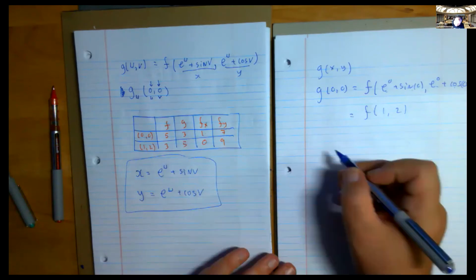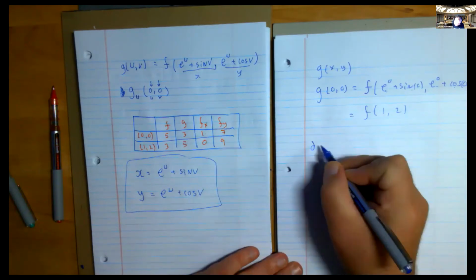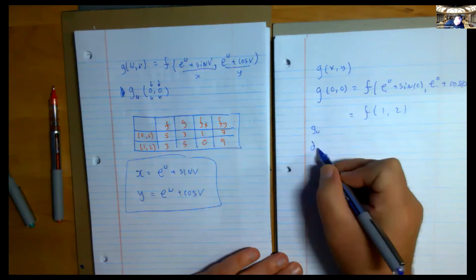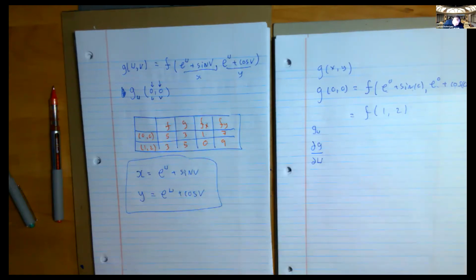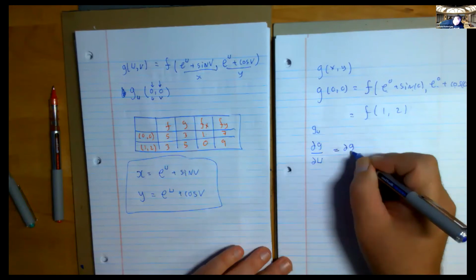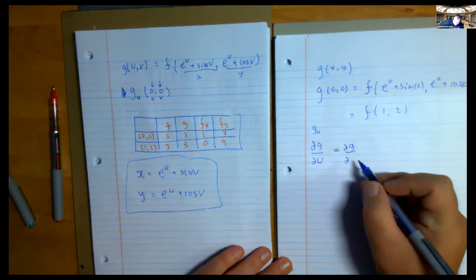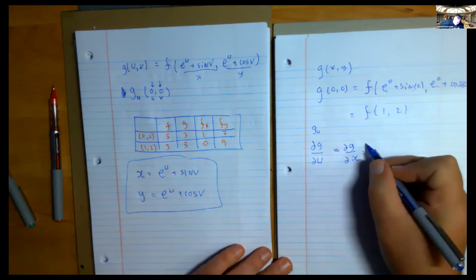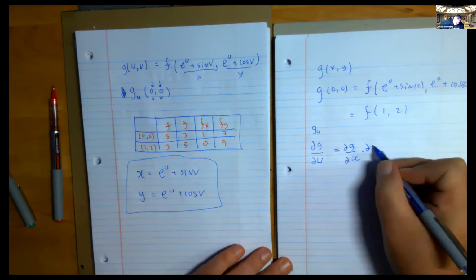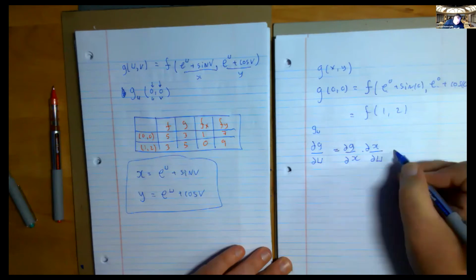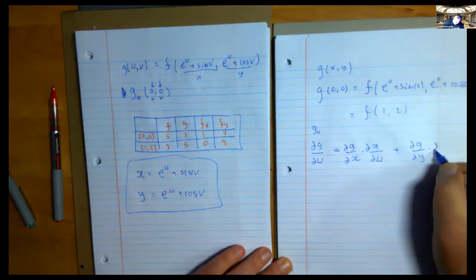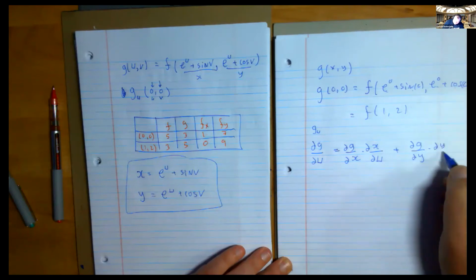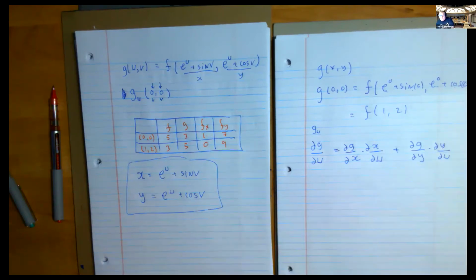Now, if I asked you to find that, I'm asking you essentially to find dg by du, agreed? And that's going to be equal to the partial derivative of g with respect to x, times the partial derivative of x with respect to u, plus the partial derivative of g with respect to y, times the partial derivative of y with respect to u. So that's my general formula.